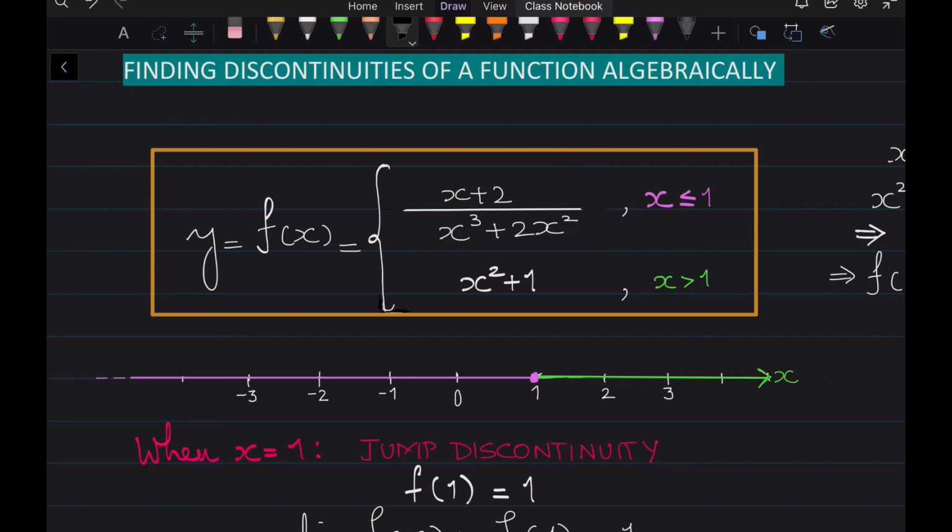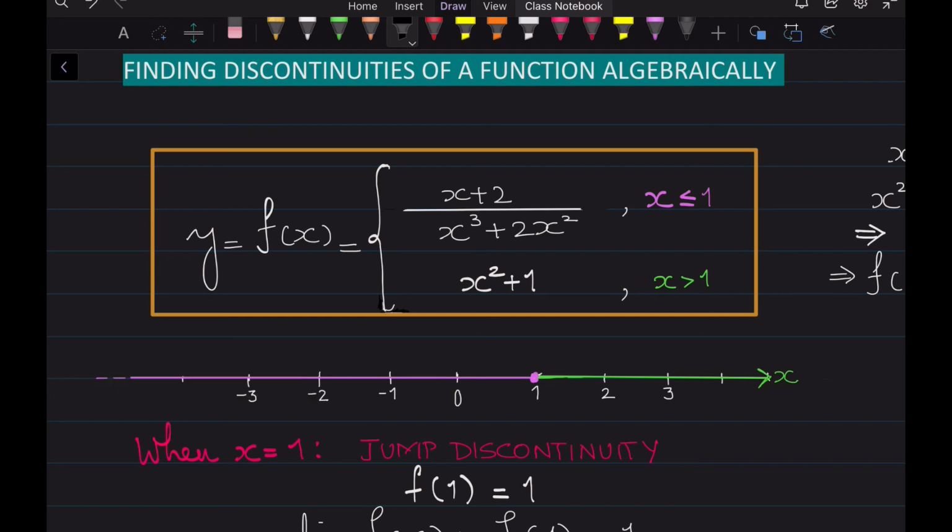So the direct substitution property is satisfied for all the numbers smaller than 1 except x is equal to 0 and x is equal to -2. And as we know that functions with the direct substitution property are called continuous at x is equal to a, this function is continuous for all the points smaller than 1 except for x is equal to 0 and x is equal to -2.